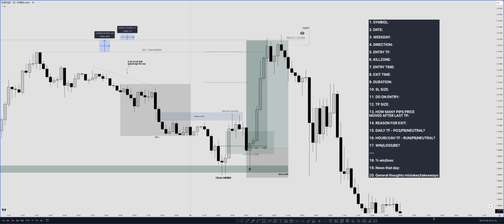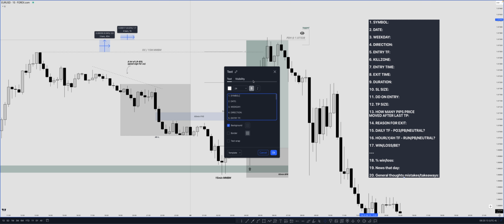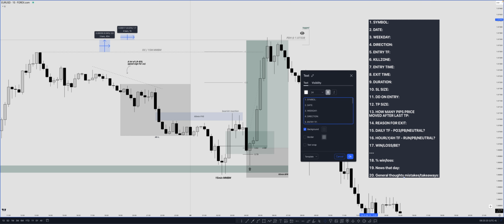All right, so let's simply fill all of that. Symbol. So obviously it's EURUSD. Date. It was 30th of April. Direction, long. Entry time frame.